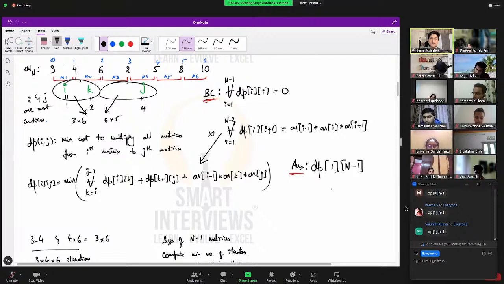First matrix to n minus 1th matrix, right? Answer is at 1 cross n minus 1. And we can finish the other things like table size, time complexity, space complexity.